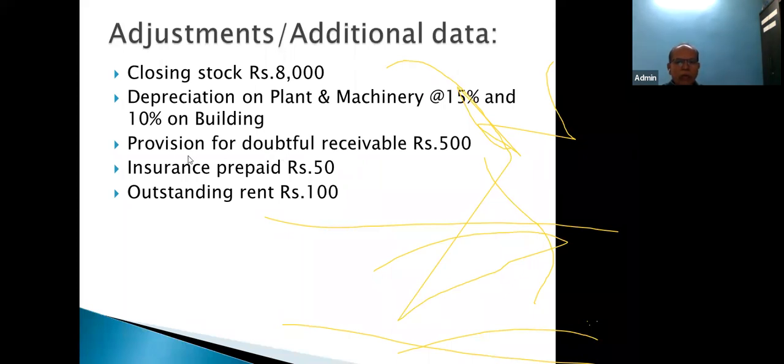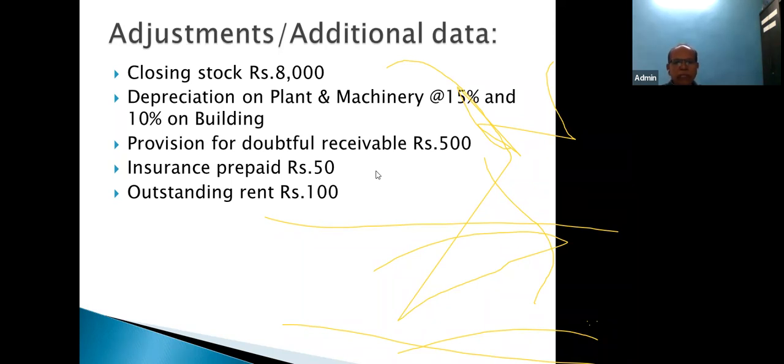Go there and write: to provision for doubtful receivable, ₹500. I repeat, write it in the debit column. And then the second effect, come to your balance sheet, asset side.